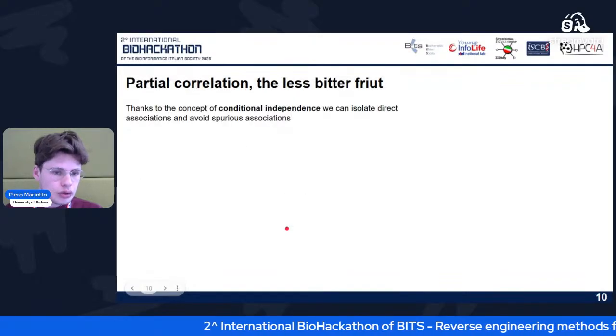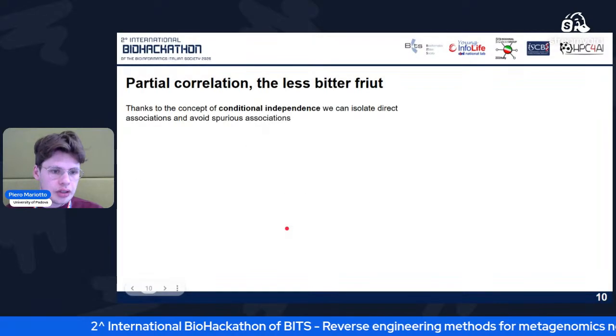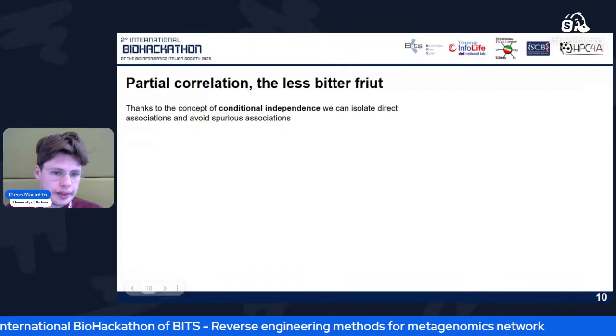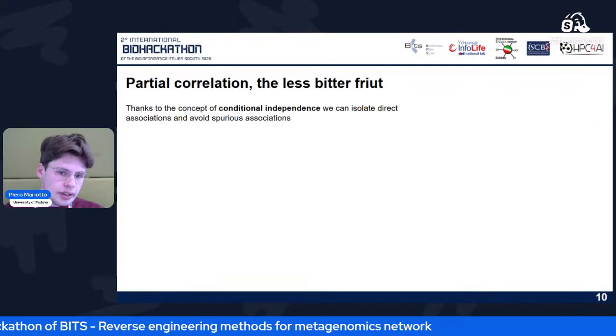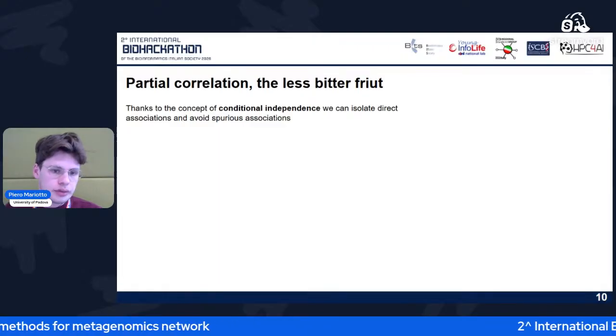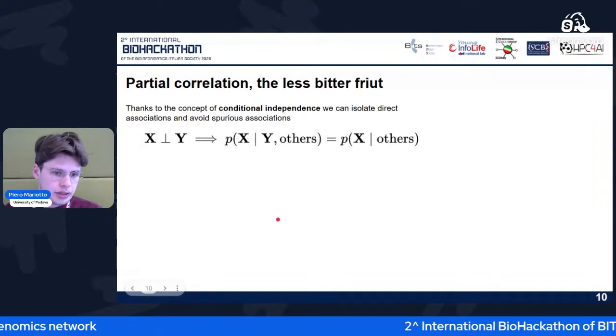So the solution to avoid this kind of spurious interaction is to use the concept of conditional independence. Conditional independence allows you to isolate the direct association and avoid the introduction of spurious associations.